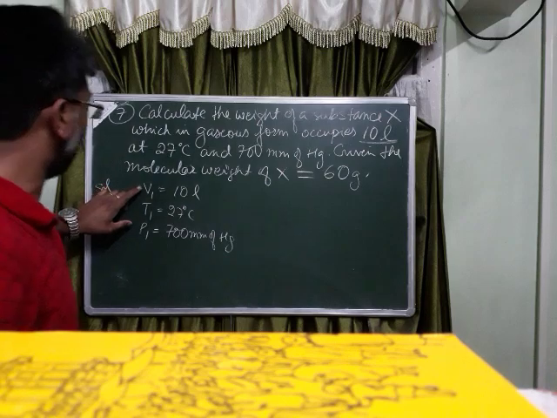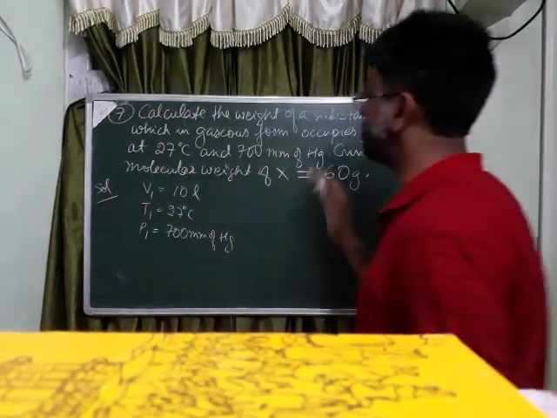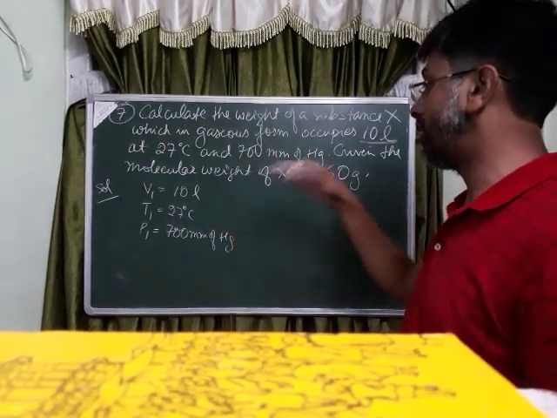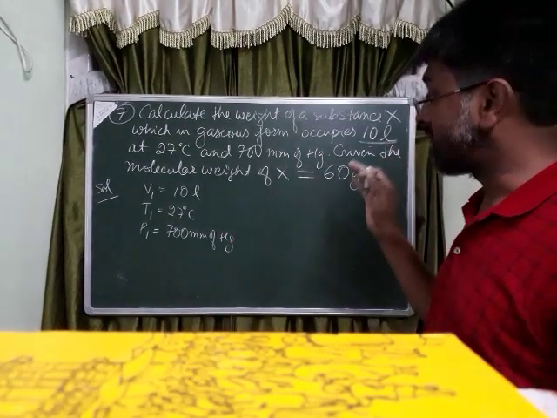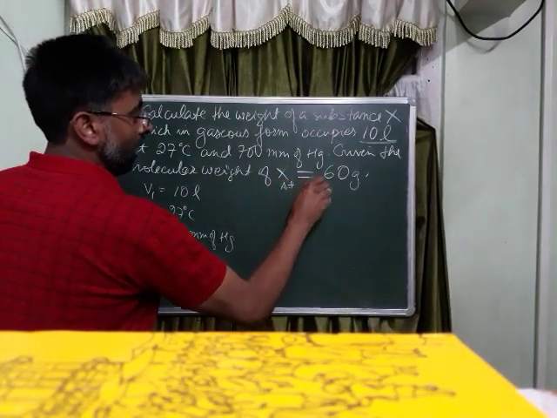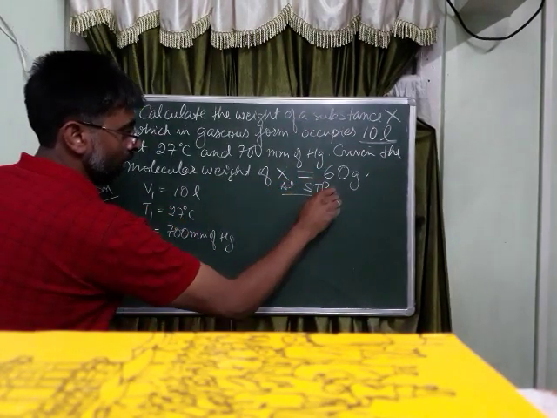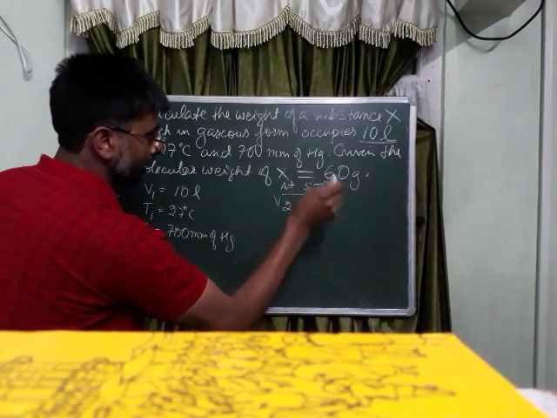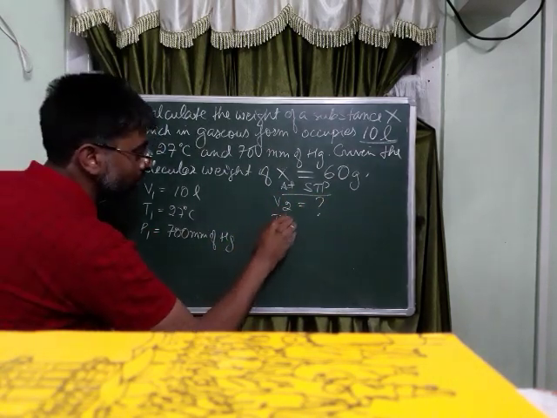These are the volume, temperature and pressure initially for this gas X. Now this needs to be converted to the STP condition. So at STP we don't know the volume, so volume becomes a question mark. But at STP we know the temperature.